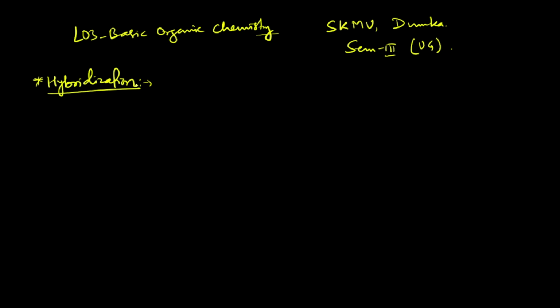How is this related? Because we are going through basic organic chemistry, your hybridization will have the limitation only till sp3, sp2 and sp, correct?